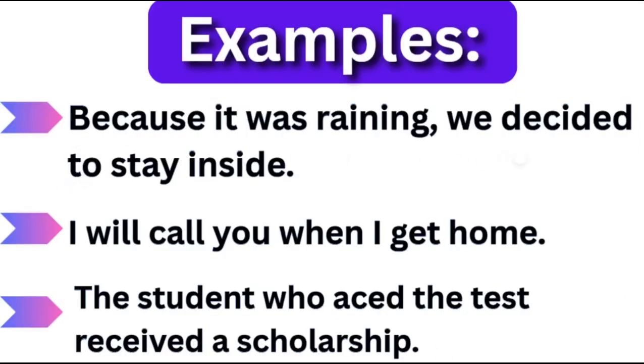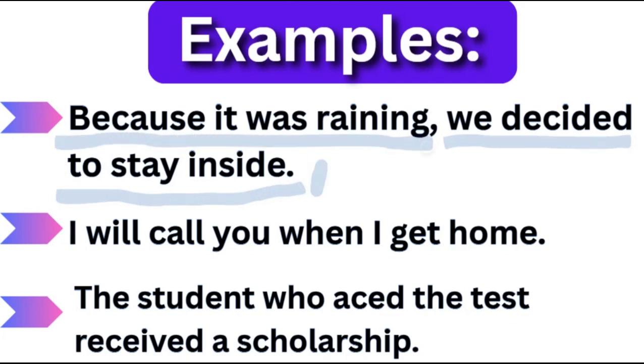Examples. Because it was raining, we decided to stay inside. Here, we decided to stay inside is the independent clause, and because it was raining is the dependent clause. The independent part is complete on its own, but the dependent part isn't. I will call you when I get home. In this case, I will call you is independent, and when I get home is dependent. It starts with the word when.